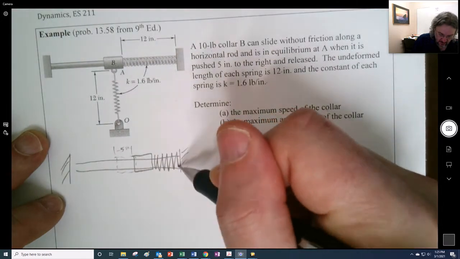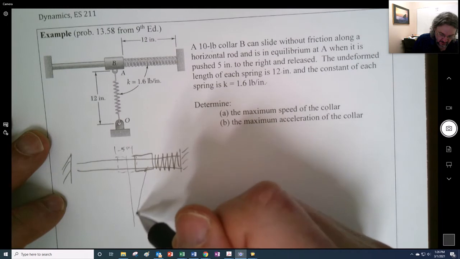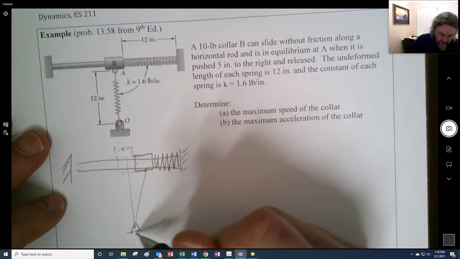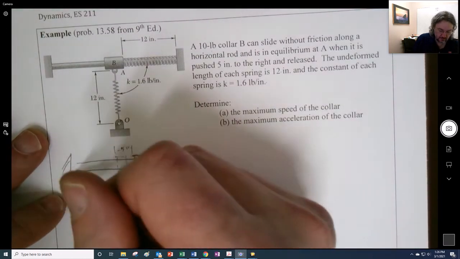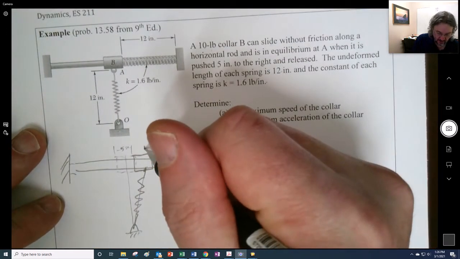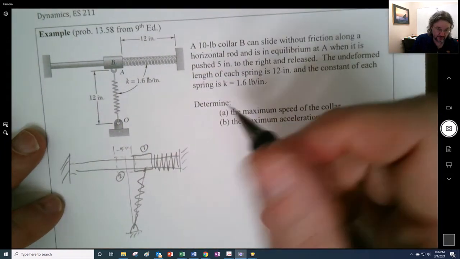And so we have our spring, it's compressed right here, and here's where the spring is attached. I'm going to call this state 1, and I'm going to call this state 2 right there, right?